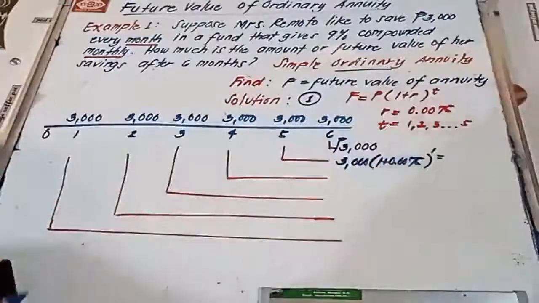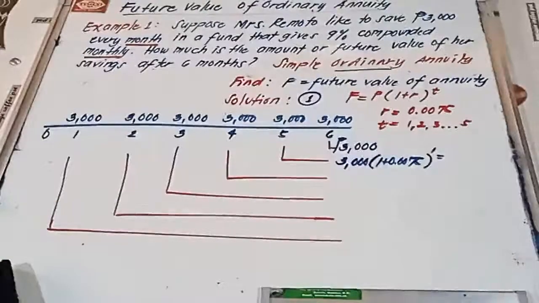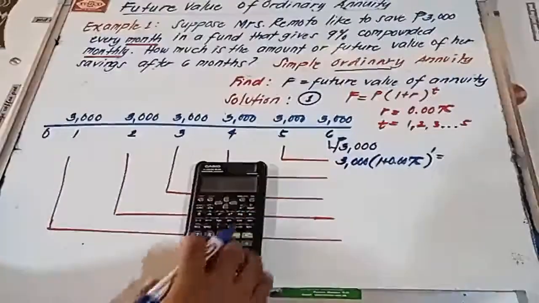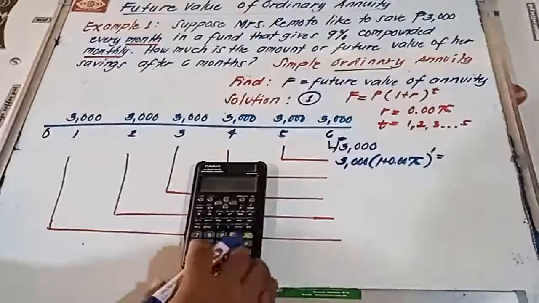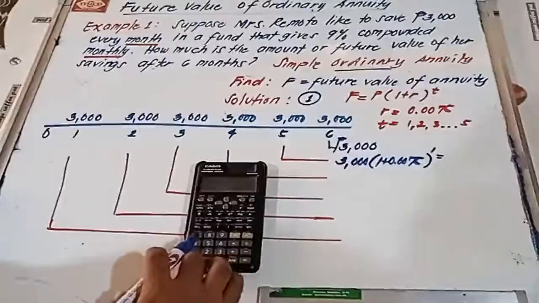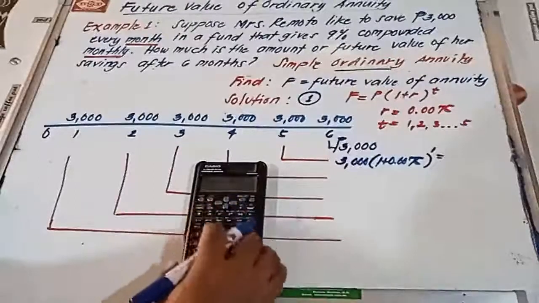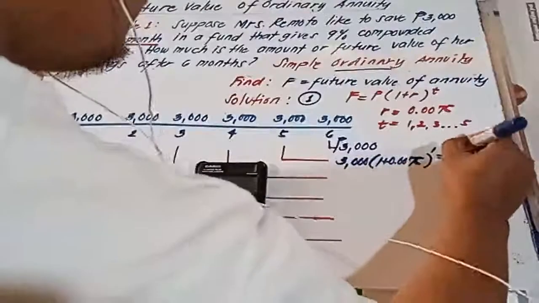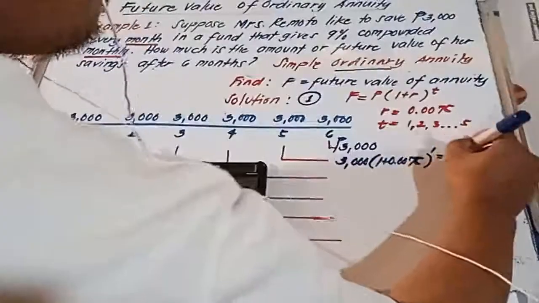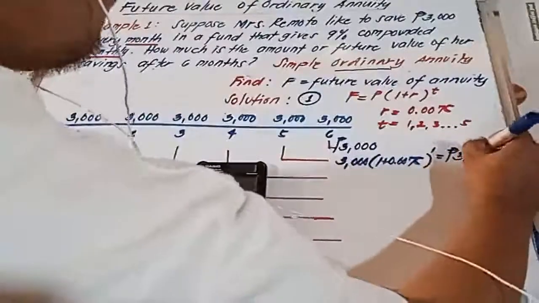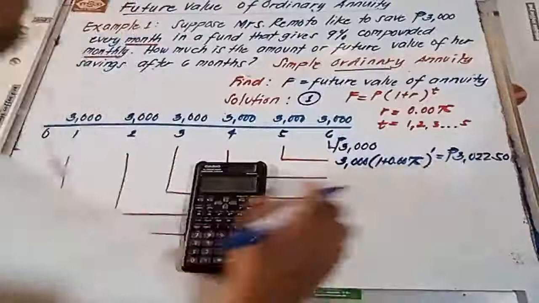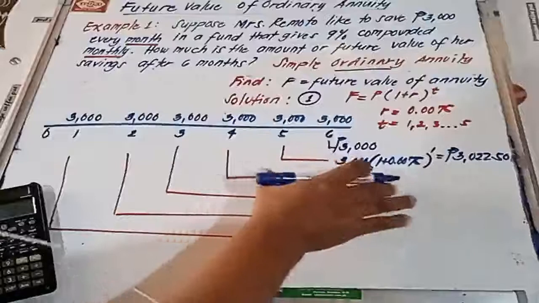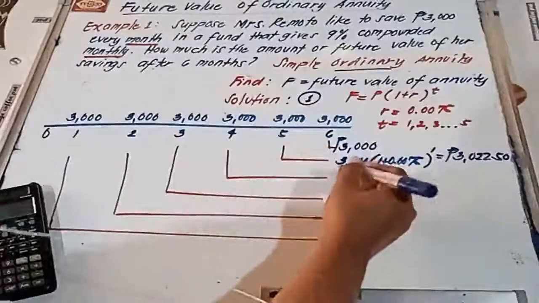Using our scientific calculator, we have 3,000 times quantity 1.0075 close quantity raised to 1, which is equal to 3,022.50. So the future value is 3,022.50.